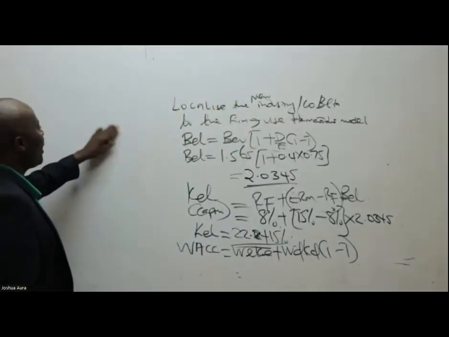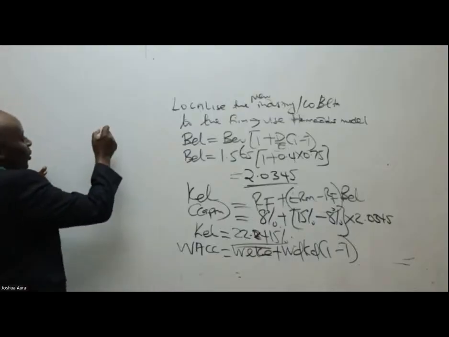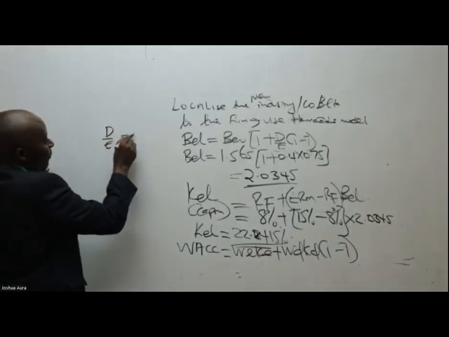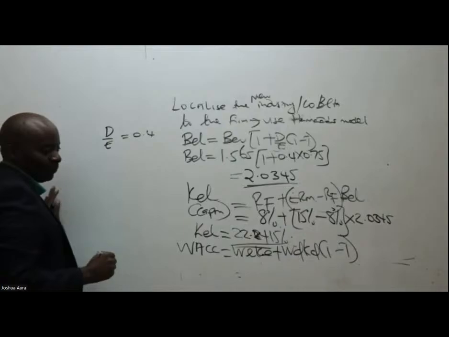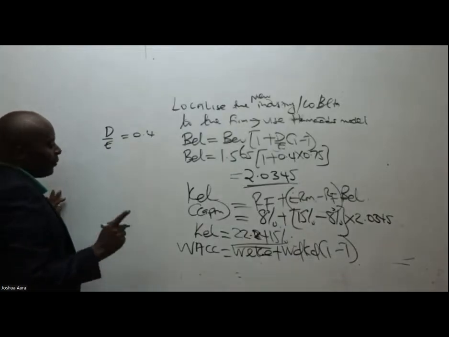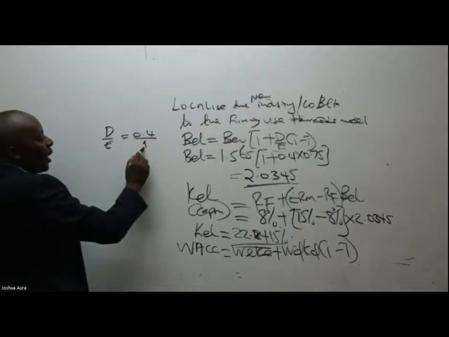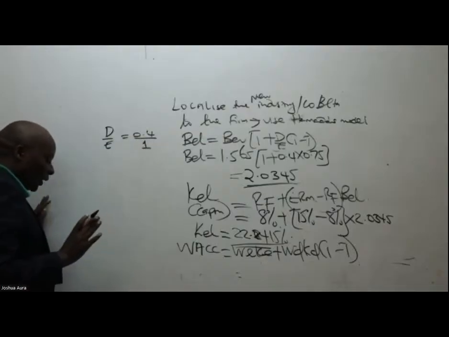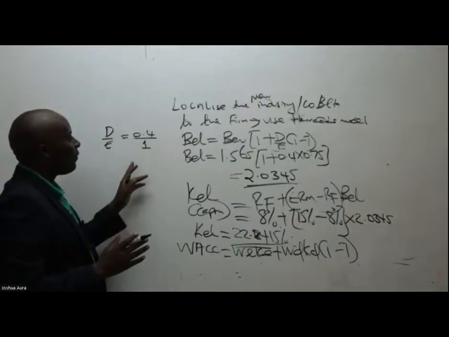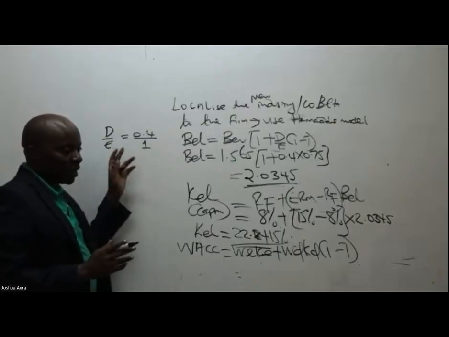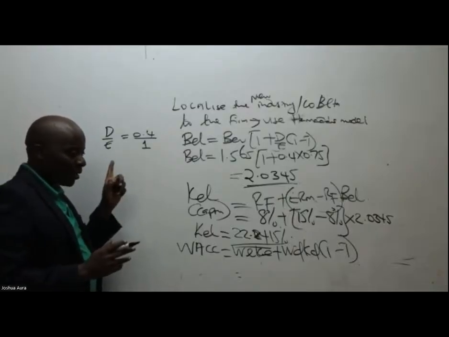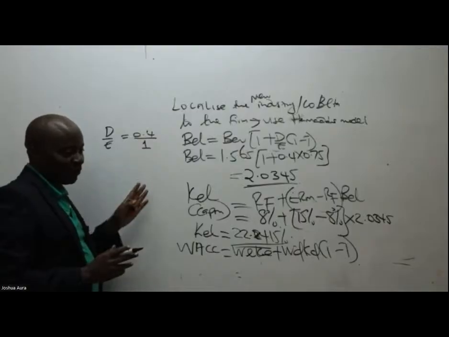When you are told here that debt to equity ratio is 0.4, you're supposed to know one thing, that this number has got an implied quotient. All the numbers, wherever they sit, have an implied quotient, which is 1. You see 0.4 divided by 1 is 0.4.